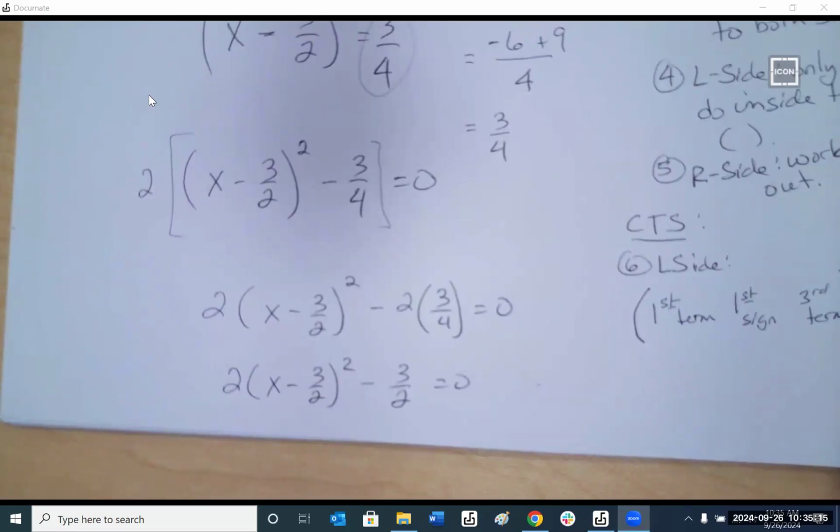Ideally, the reason we would complete the square in algebra is to solve for a variable. In other words, we would move everything to one side and solve for x. But in this case, what we're trying to do is get the equation to one side, to see if it fits any of our formulas. And in this case, no, it doesn't.